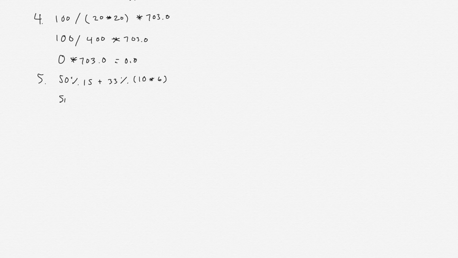So we get 50 mod 15 plus 33 mod 60. Okay? And now we just go left to right. So 50 mod 15, 15, 30, 45, 60. We just end up with 5. Meanwhile, 33 mod 60, it's just 33. So the result we get is 38.